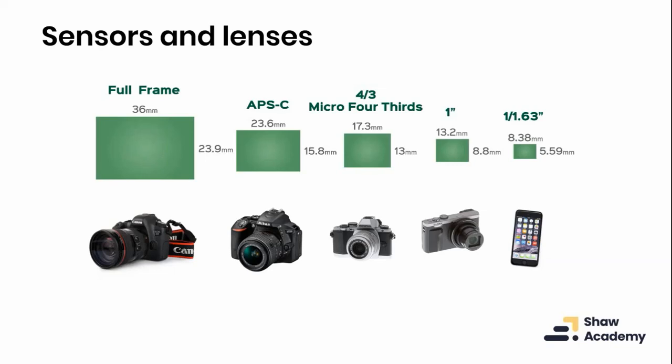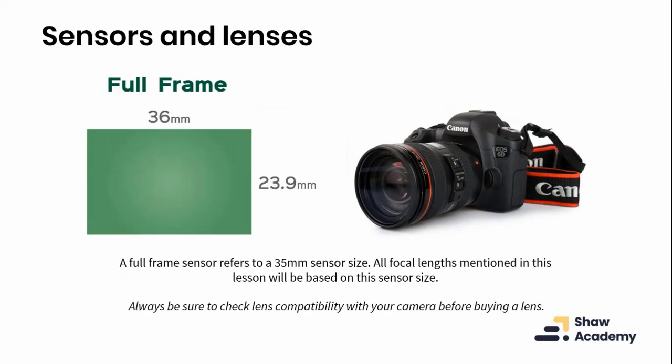The reason that I speak about this is that throughout this lesson, I'm going to be speaking a lot about measurements, sizes and distances when it comes to images. For that reason, because there are so many different sizes of sensors, we're going to stick with what is considered standard, which would be a 35mm sensor size.